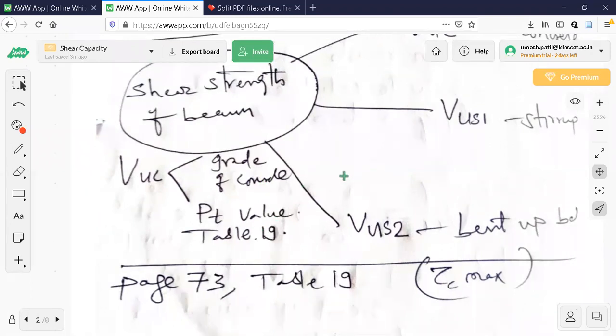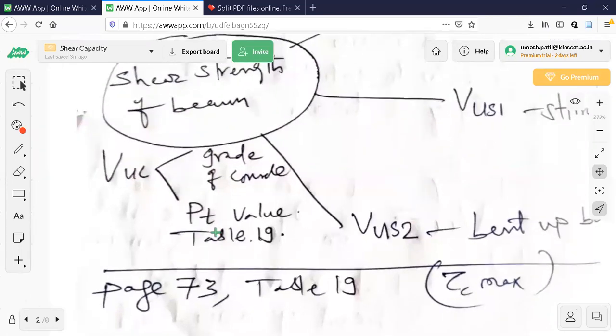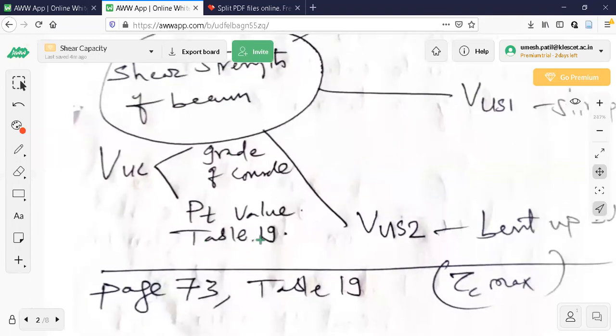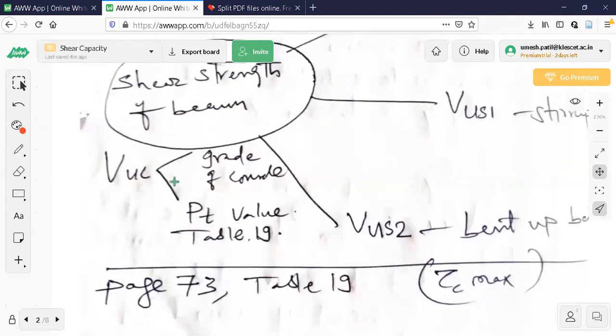So 4 into pi by 4 into 12 square, that is AST, divided by B 230 into D 450 into 100. This is how, for a given cross section and bars, I can find the PT value. Then I'll refer to table 19. Then I can find VUC.